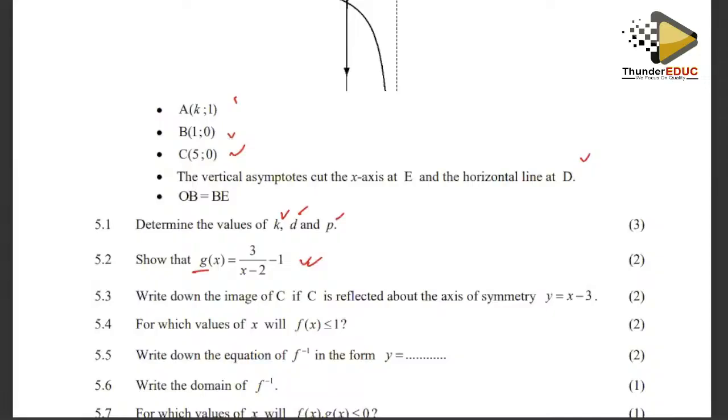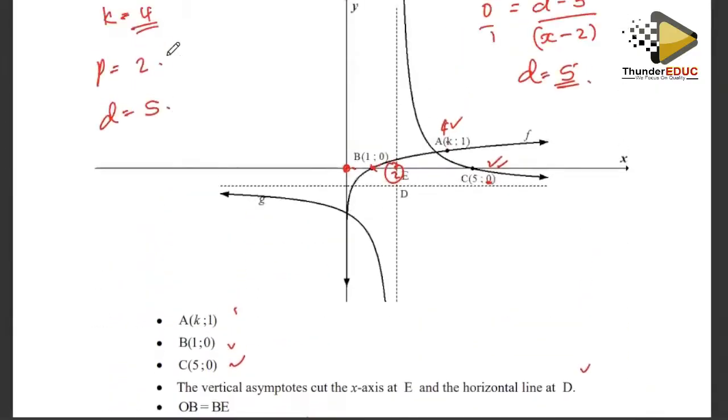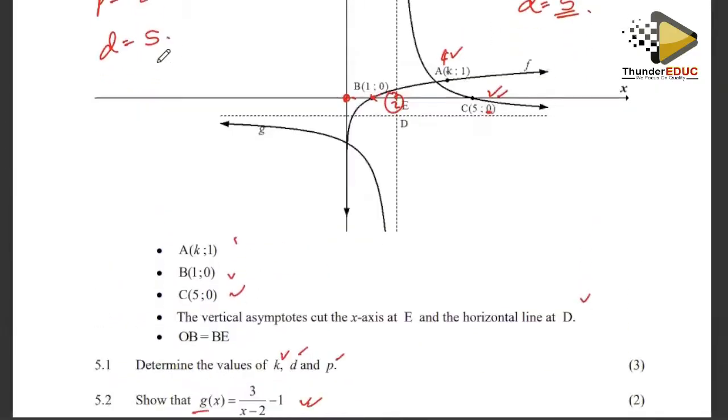Then write down the image of C if C is reflected above the axis of symmetry. Okay, where is C? And the axis of symmetry of interest is the positive one. Oops, it's this one. Okay, if this is C, which means this is going to be in that other direction.